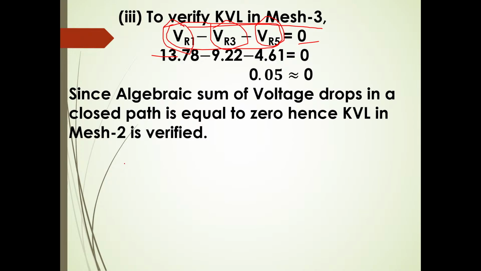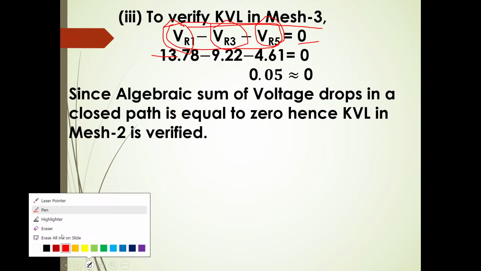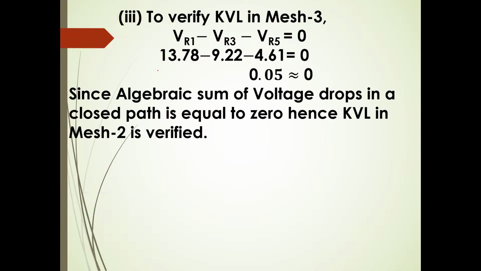What we have observed earlier is that VR3 and VR1 both are resistors between two meshes, whereas VR5 is only in mesh 3. So just take the voltage drops.